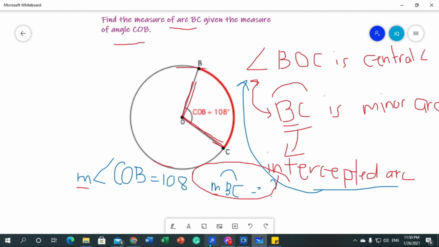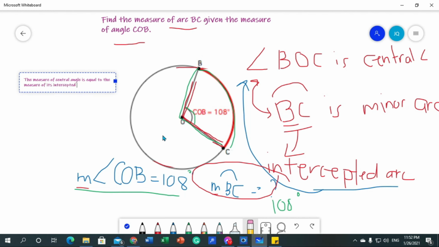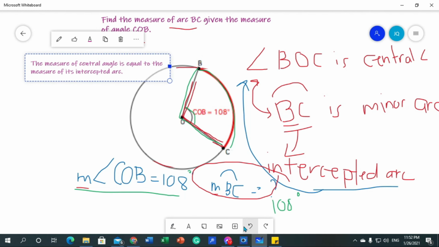Find the measure of arc BC given the measure of angle COB. Our angle COB is equal to 108 degrees. Then what is the measure of arc BC? It is 108 degrees. Why? Because the measure of a central angle is equal to the measure of its intercepted arc. Don't forget that.